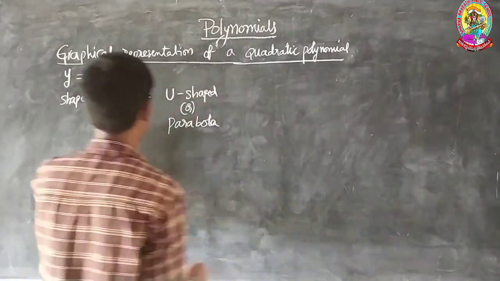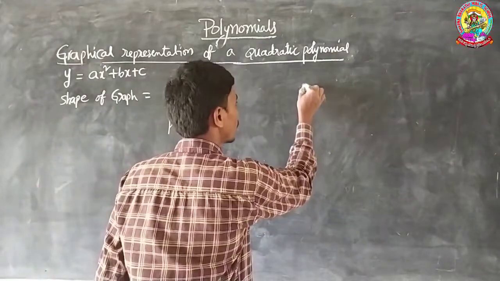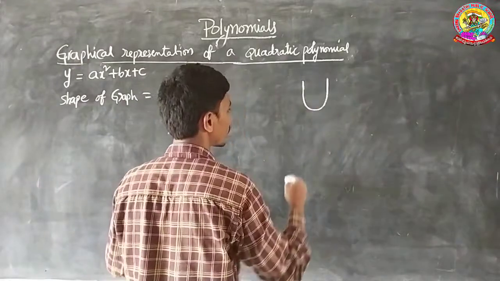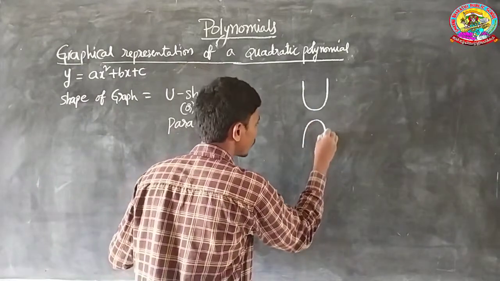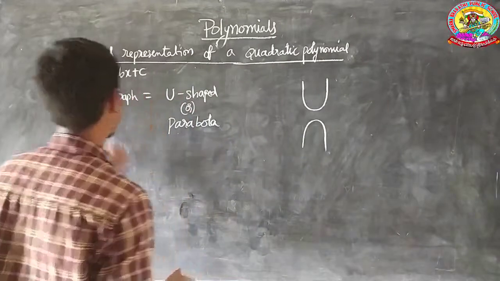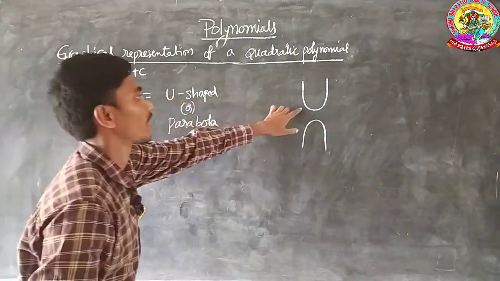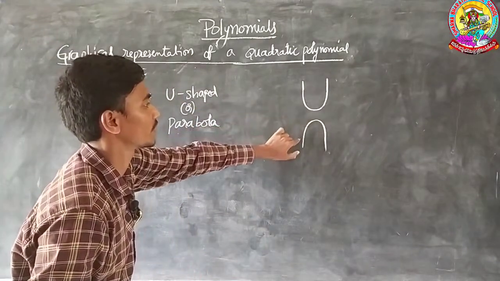Parabola means the graph may be an open curve facing upward, or an open curve facing downward.